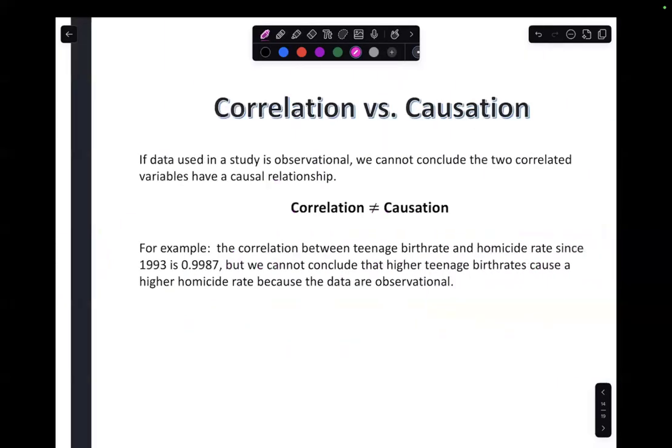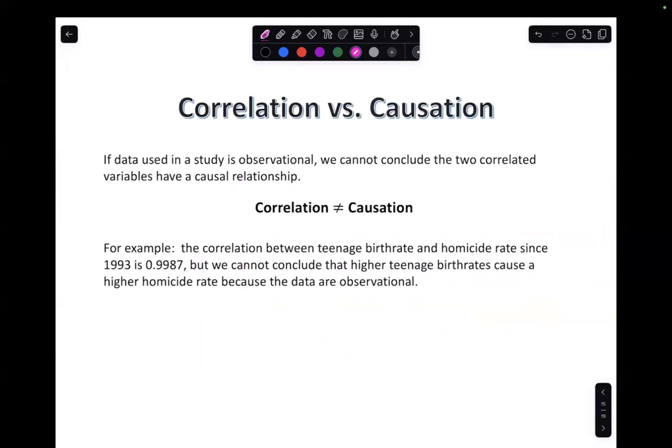With observational studies, though, you can't say one thing causes the other. So, for example, there is a correlation between teenage birth rate and homicide rate since 1993. It's 0.9987. That is almost a perfect linear relationship. However, you cannot conclude that the higher teenage birth rate causes higher homicide rate. This data is observational. You can't conclude that.